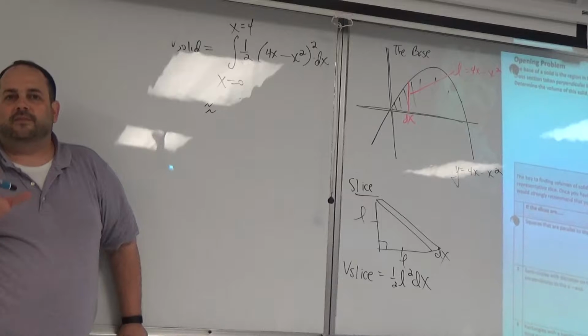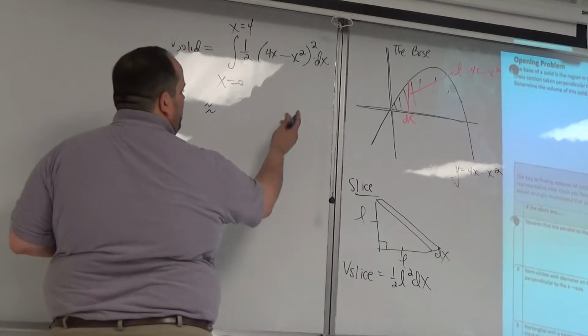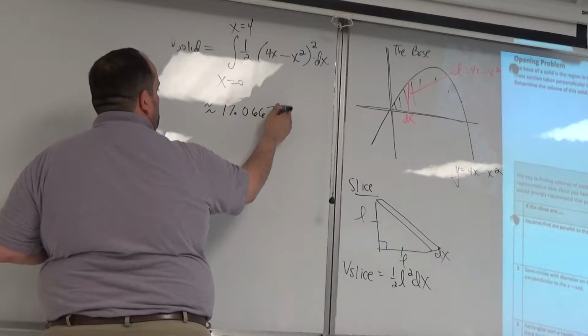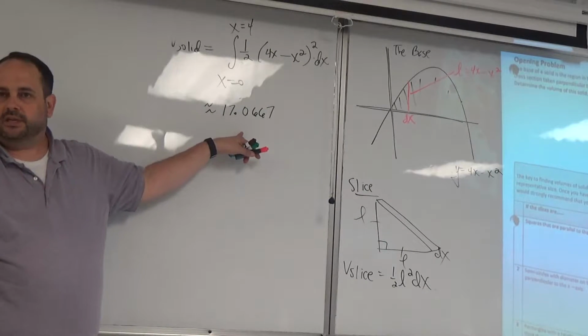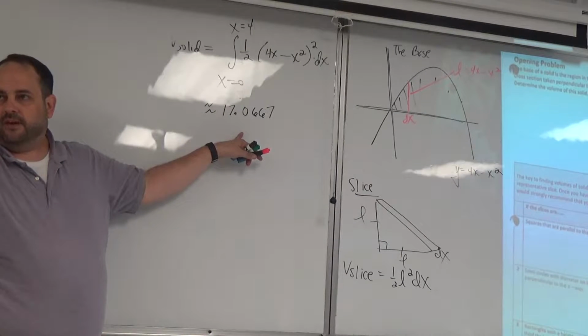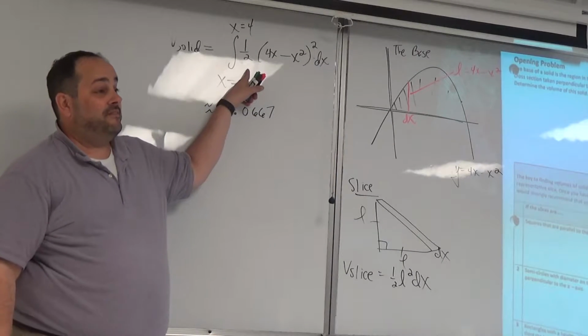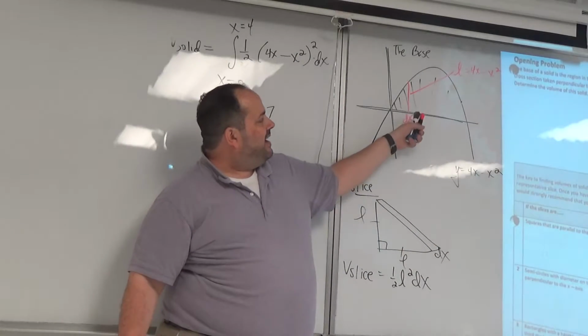Wait, no, I was wrong. Juan, what's the volume on the calculator? 17.0667. How many of you are getting 17.0667? All right, I'm pretty convinced. I got 34, you got 34. I think you're missing a half. But the process is going to be the same.